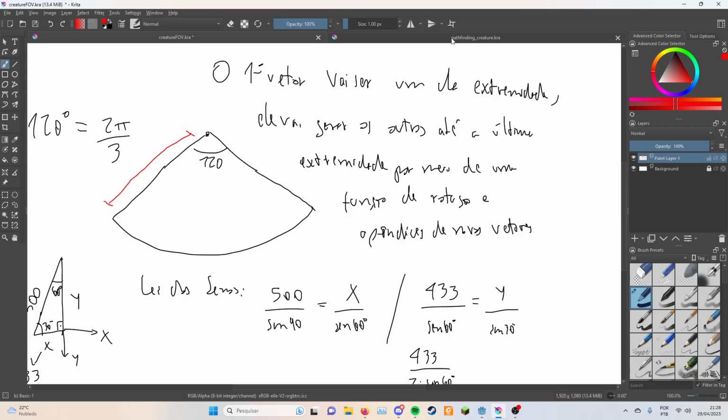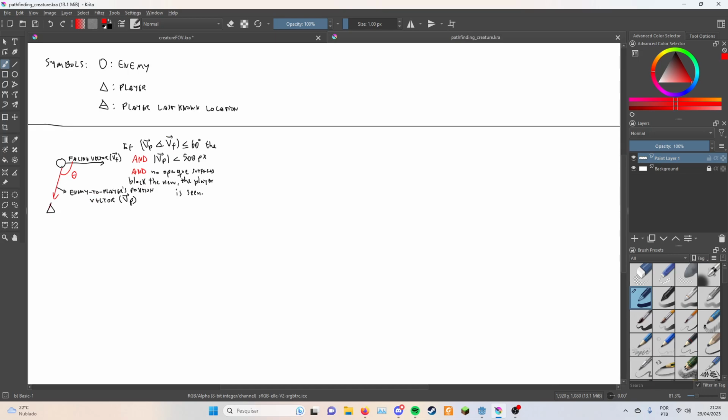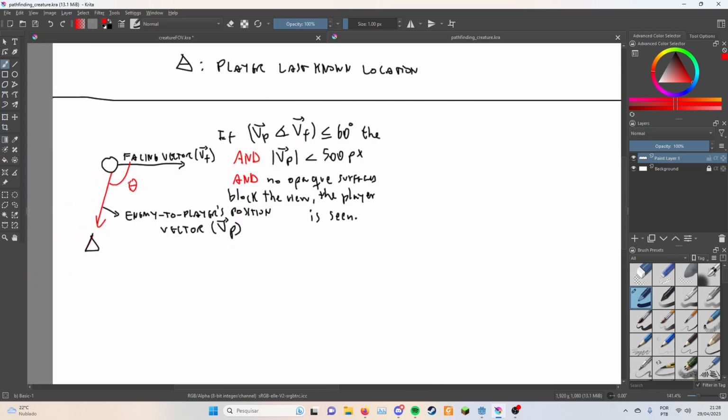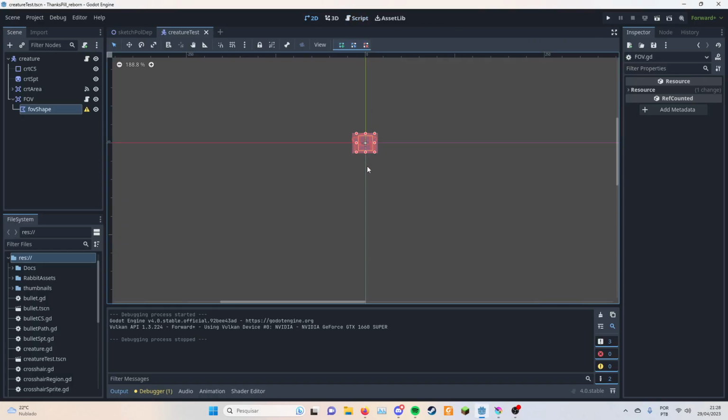But then he suggested I do the following: have a vector that is coming out of the front of the enemy, in this case this green axis. This green axis will be the front of it, and it will never change.